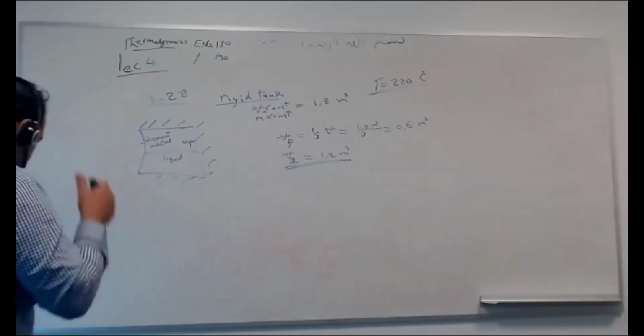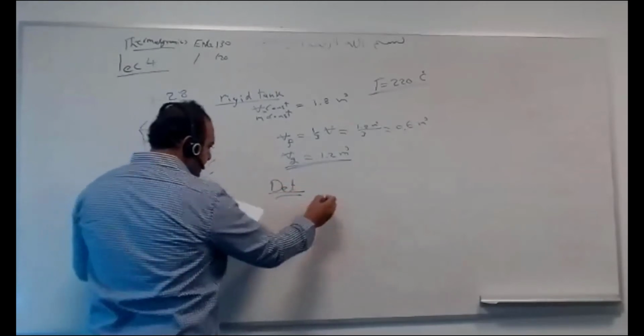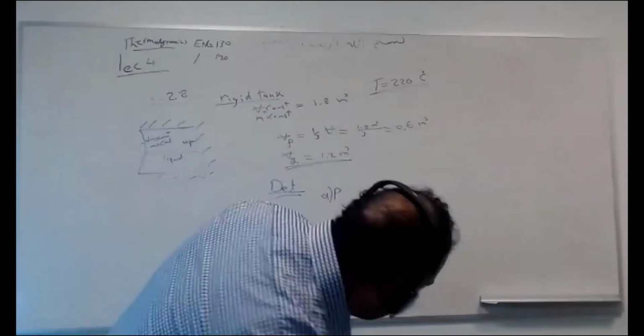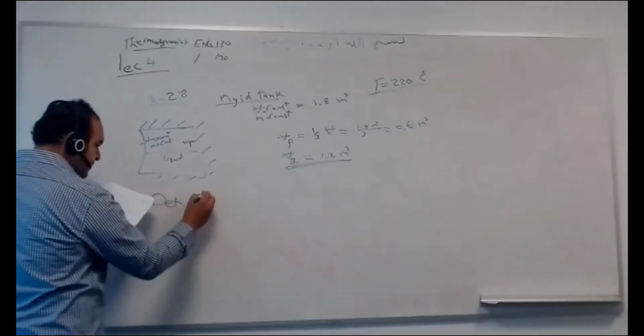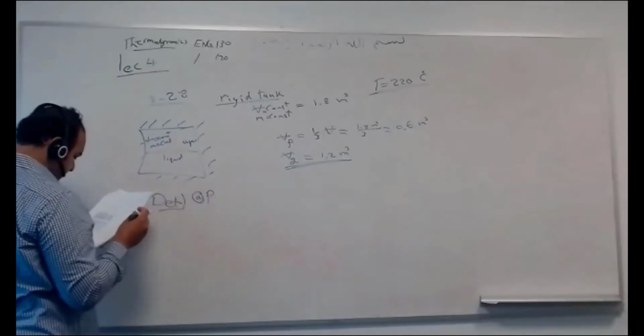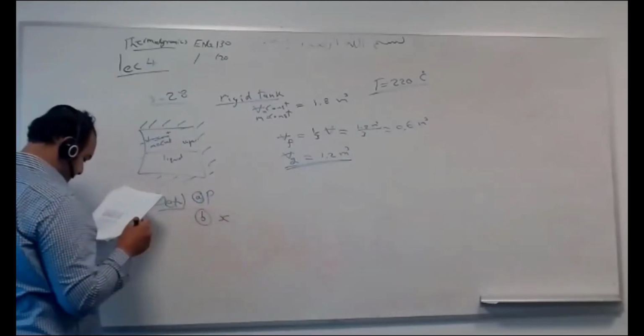Sorry. So what we need here, he wants to determine A, I want pressure. Let me write it a little bit here to get space for you. Please determine for me pressure. Determine for me quality. Quality is not one third.